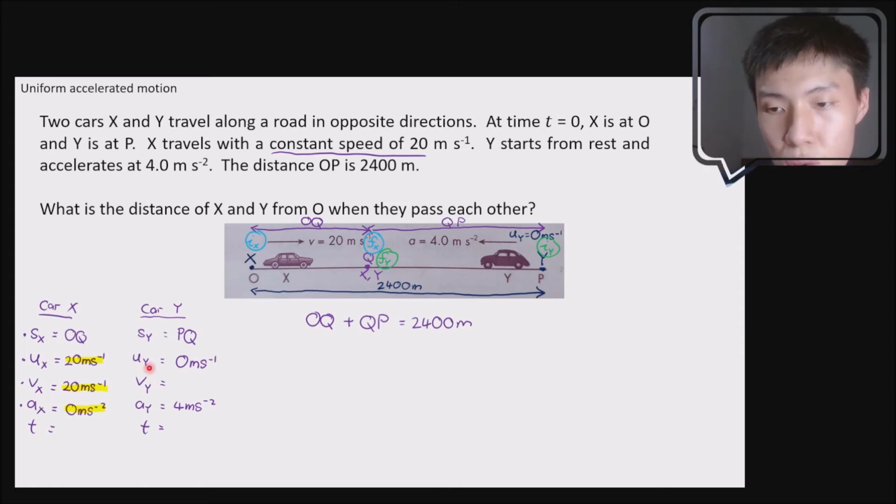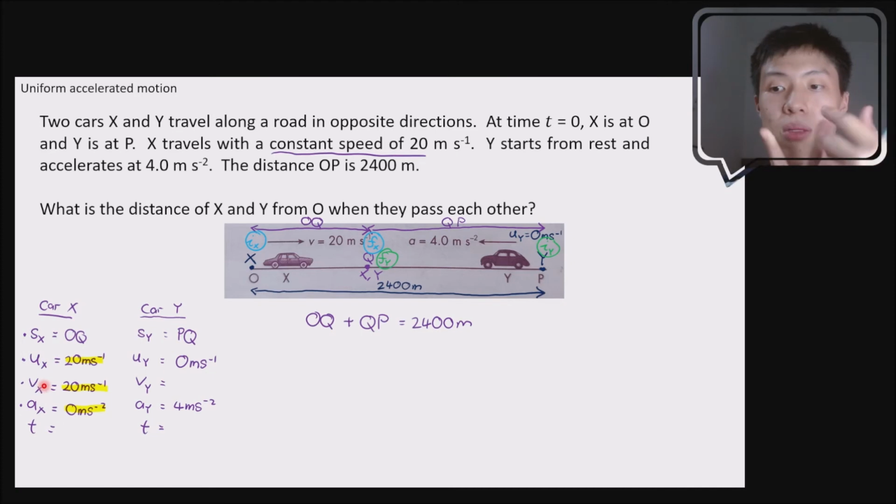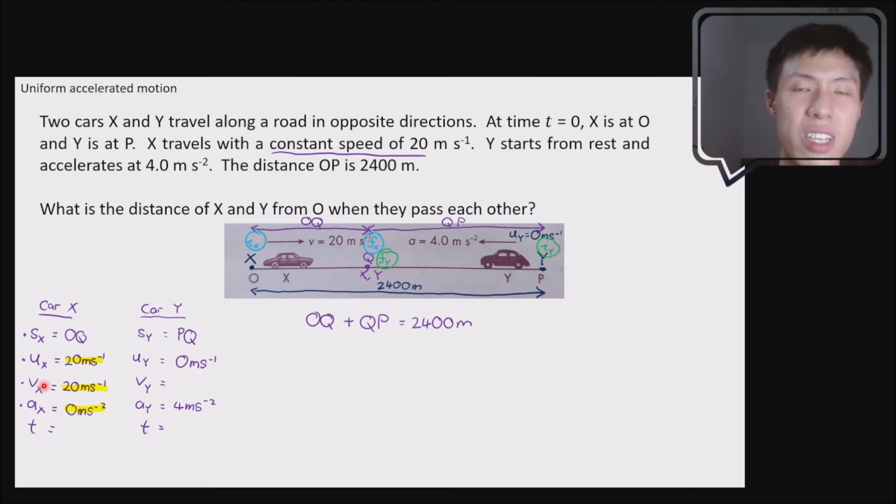Usually with U, V, and A, because there's acceleration, you have another final velocity, you have an initial velocity. So these are 3 separate information. But 20 as initial, 20 as final, 0 as acceleration are really 3 very connected information. Initially is 20 meter per second because you have 0 acceleration, therefore you remain at 20 meter per second. So technically it's not considered three separate information. You can think of it as 2 only.